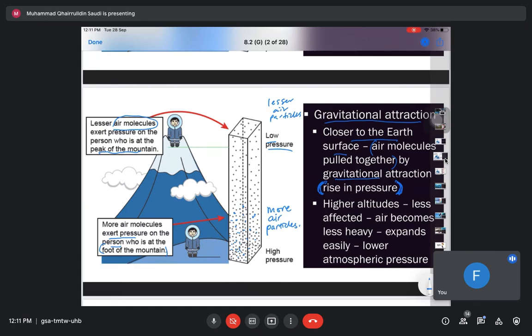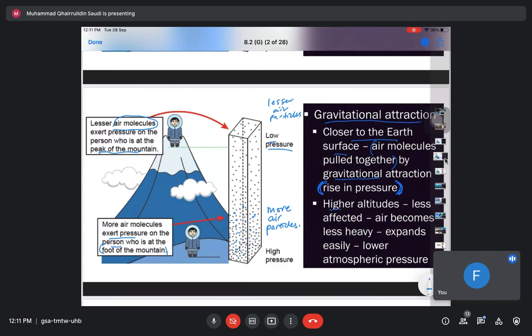Okay, when there are more air particles, dia akan berlanggar, they will move and collide with each other more. That causes the higher air pressure. Whereas at the peak of the mountain, there are lesser air particles, so the collision becomes lesser, so that causes the lower pressure.